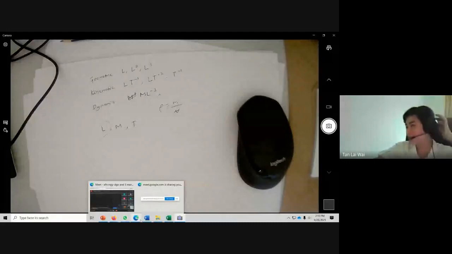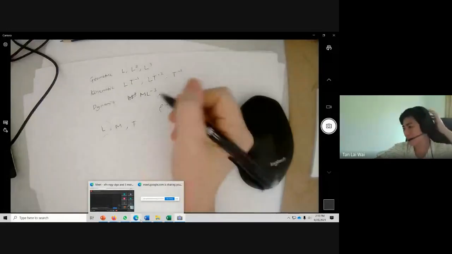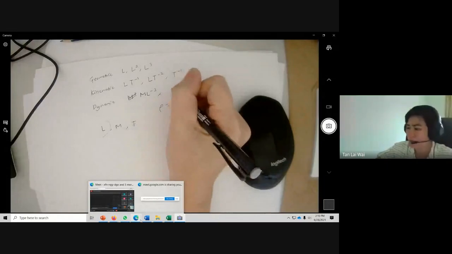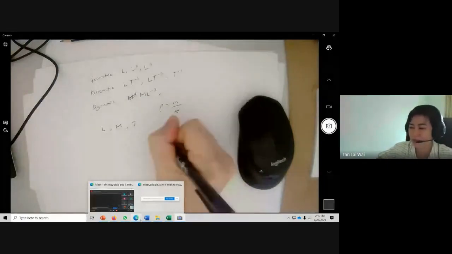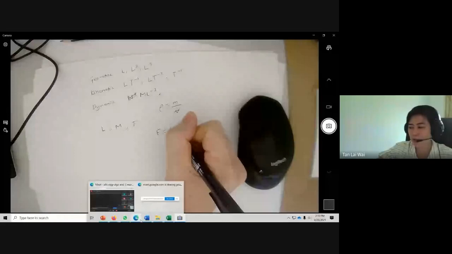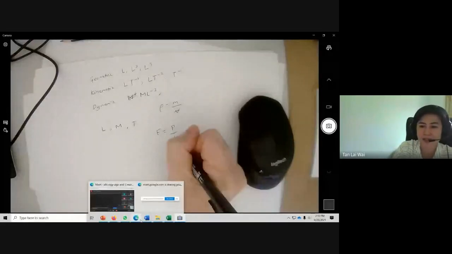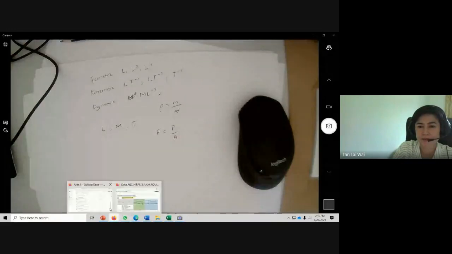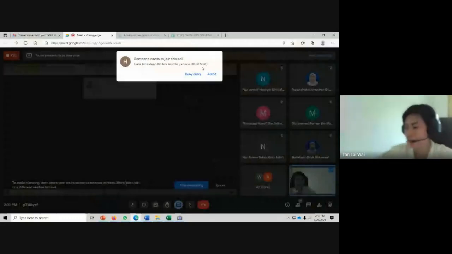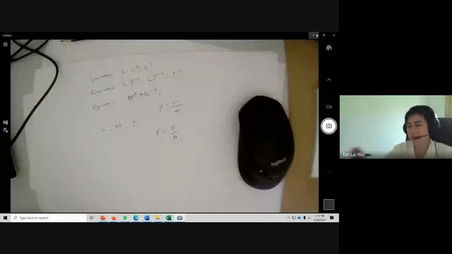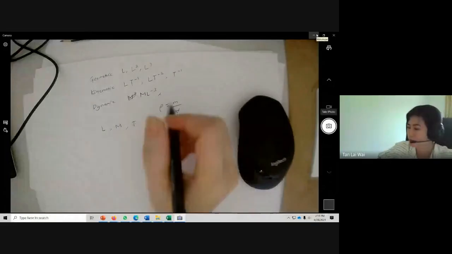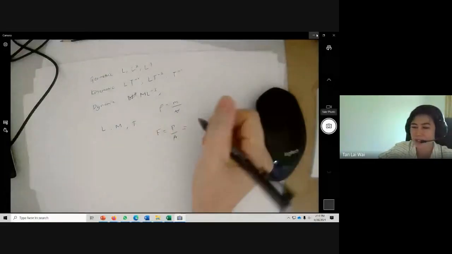And the force law. What is the formula for force? Do you still remember? If you don't remember, force is actually pressure times area. So pressure, what is the formula for pressure? Do you still remember what is the unit? Anyone can give me?